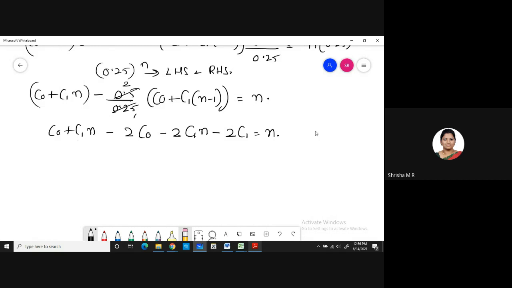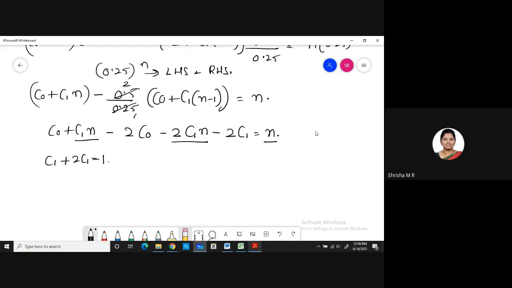Now, how will you find C0 and C1? You have n terms here, C1n, 2C1n and n. Compare the coefficients of powers of n. So you have C1 plus 2C1 is equal to 1. Wherever you have n, those terms I am grouping, which is equal to 1.